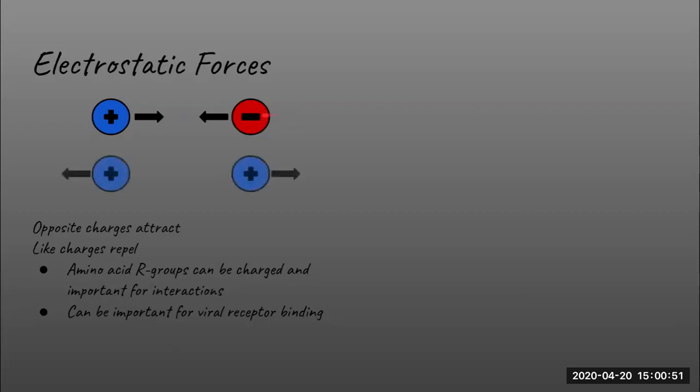Talking about like charges, we have this charged particle exerting a force away from it on this same charged particle. So the same charges repel, and conversely, the force of this particle on this one is in this direction. That's really more the definition. If you just stick to opposite charges attract and like charges repel, that should get you a long way at least.